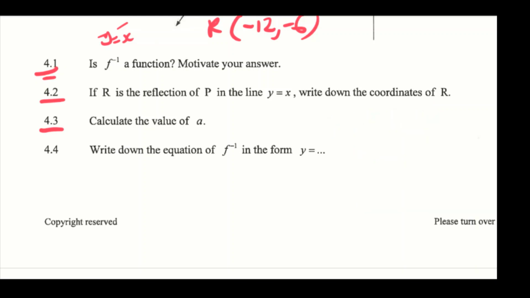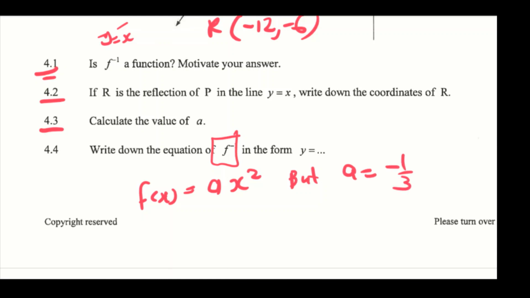we are asked to write down the equation of the inverse. So we have f(x) = ax squared, right? But a is equal to minus 1 over 3, so f(x) = -1/3 x squared, right? So we need to write down the inverse of this.